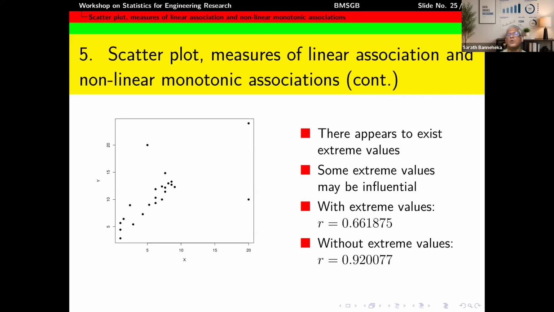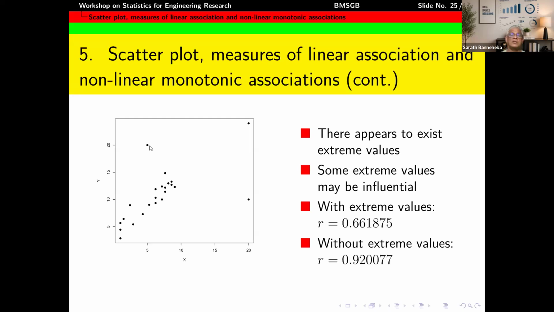So before you calculate the correlation coefficient to measure the strength of the relationship, whenever you see this kind of observation, if possible, go back and check whether this might be an error due to recording or some other measurement error, and whether these are errors that you can correct. If you don't find any reason, or if you find that it's an actual observation, don't remove it. Keep it.